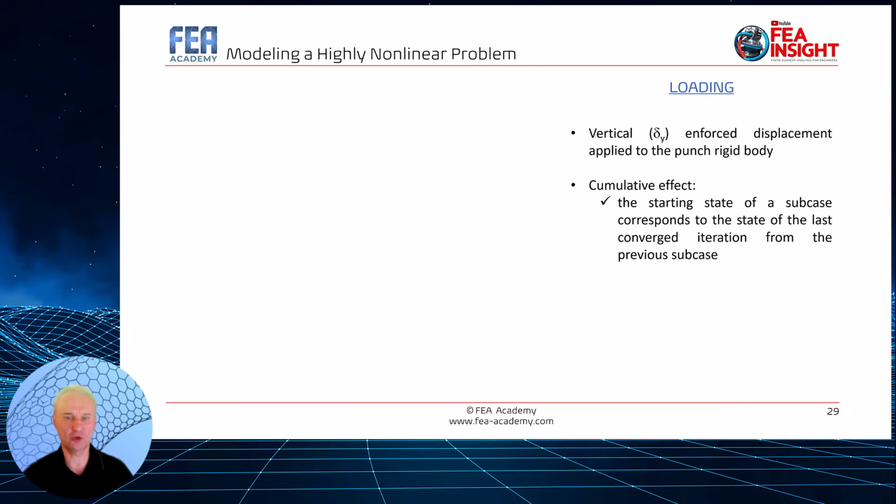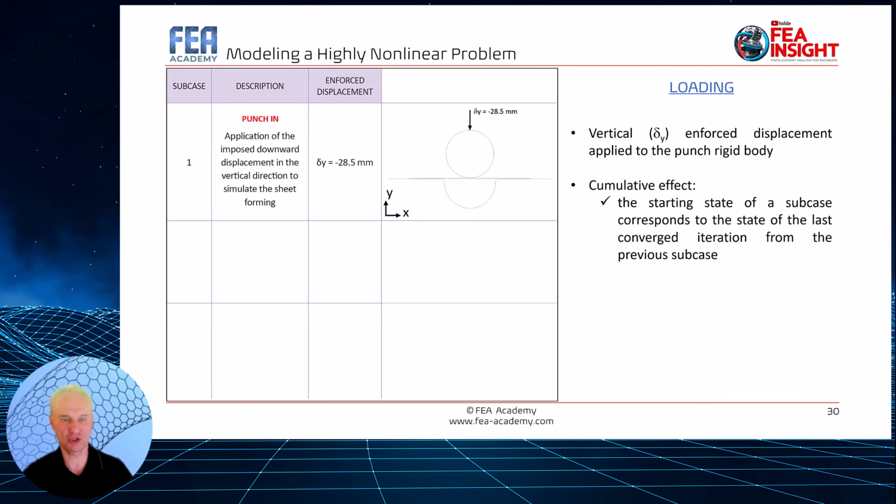So the three following subcases are applied in sequence on the punch body. The first one, okay, it is the punch in. It is the application of the imposed downward displacement in the vertical direction to simulate the sheet forming. The enforced displacement here is 28.5 millimeters, and it is related to the dimension of the problem.